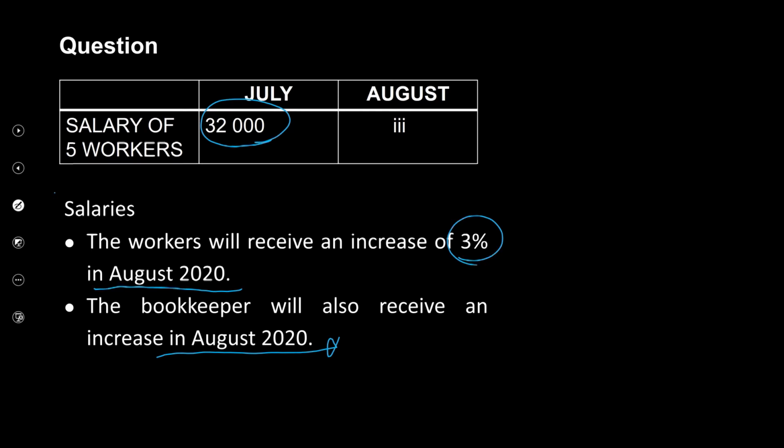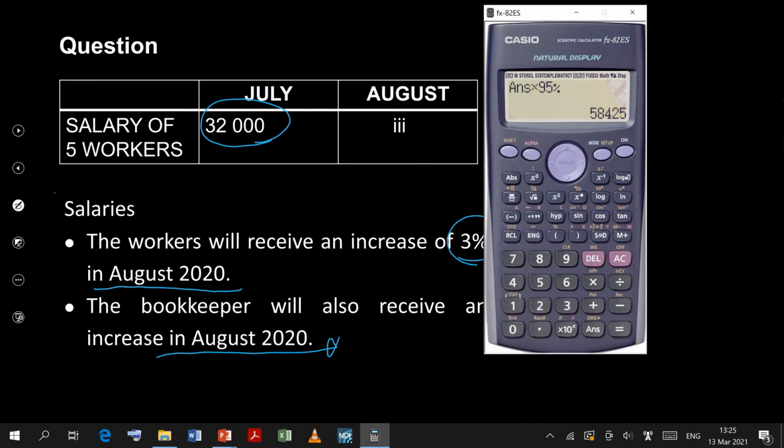And if we take that figure, let's get our calculators out. Let's take that figure times 3%, will give me a figure of 960. And I now say the workers will receive an increase of 3% in August.